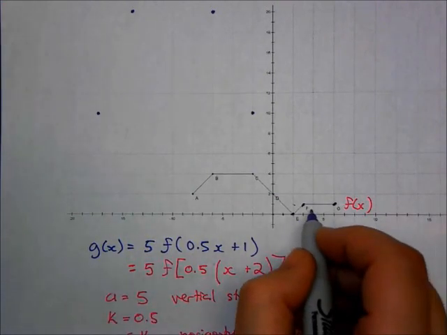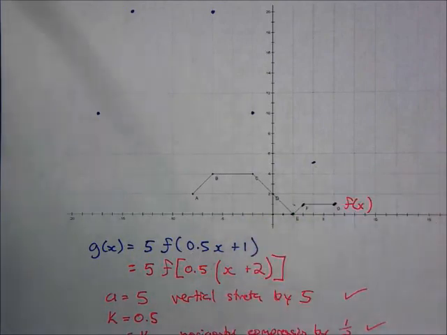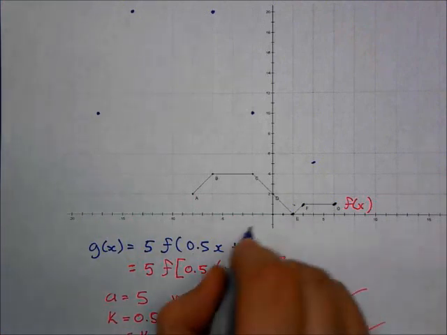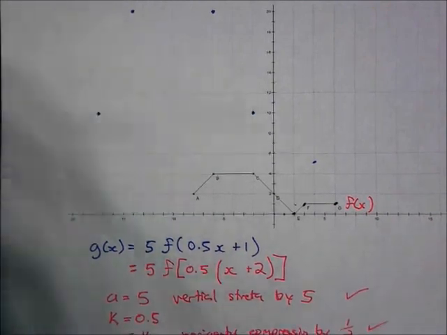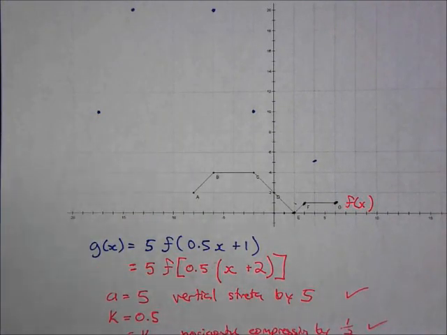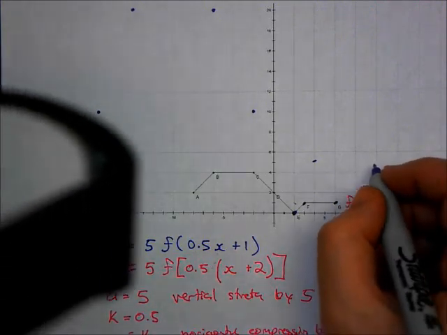Positive 4, 5. And 10. Oops, I must have missed something. There it is. 2 and 0. X equals 2, Y is 10. Positive 2 is 0. And 10 and 5. X is 10, Y is 5.